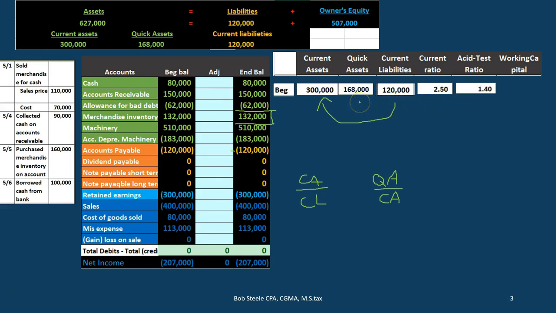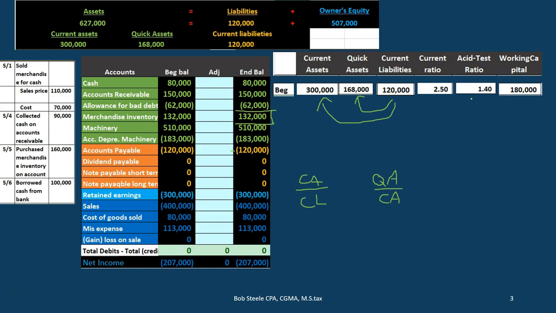So now we're saying how many times can we pay off our current liabilities with just the quick assets. And of course, that's going to be a lesser amount. We can pay it off a whole time over plus 0.4 more. That's going to be the idea of the quick assets. And depending on what type of industry we are in, we'd want to be able to compare these two different types of industries.